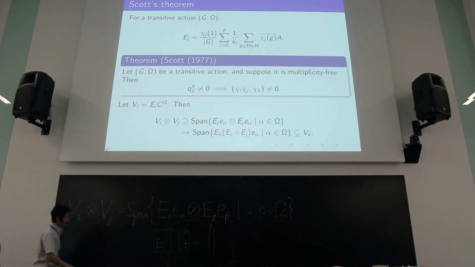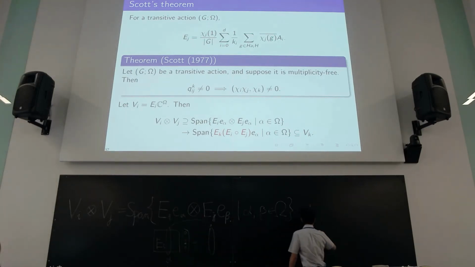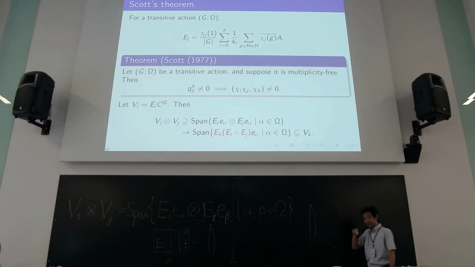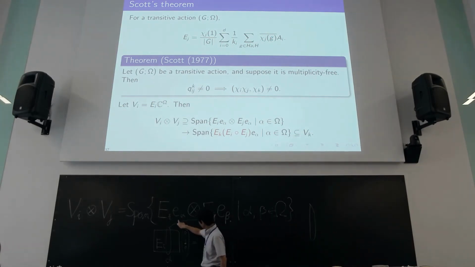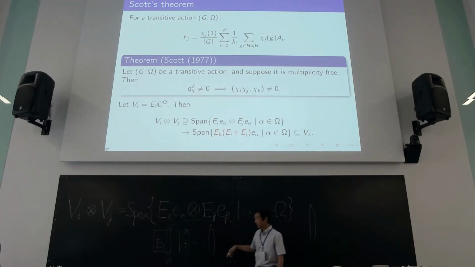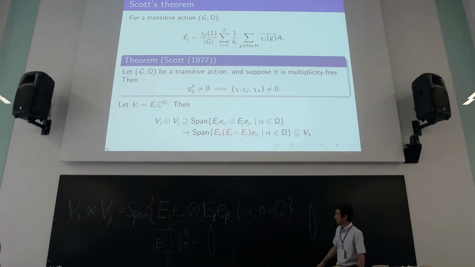Well, if you're not familiar with tensor product, you may think of this as a space of matrices. Ei times e alpha, this is a column vector, in fact the column of the matrix Ei.